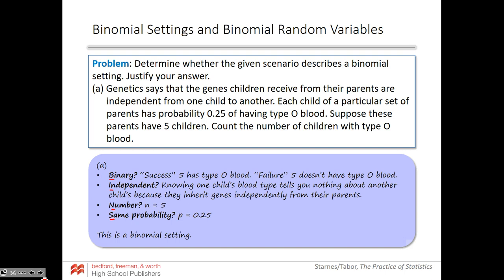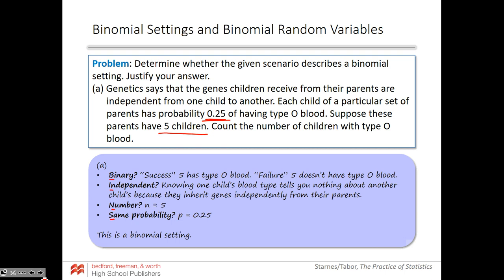Independence. Knowing one child's blood type does not really tell us anything about the next child because they inherit genes independently from their parents. So we have independence here. Number. They're telling us that these parents are having 5 children, so that's a fixed number. And then probability of success.